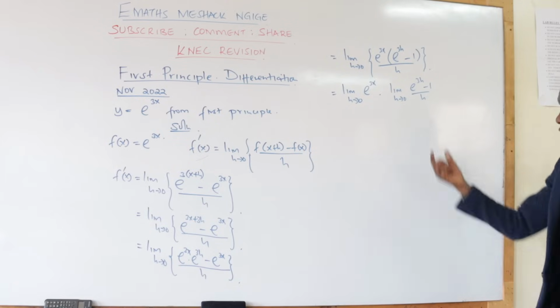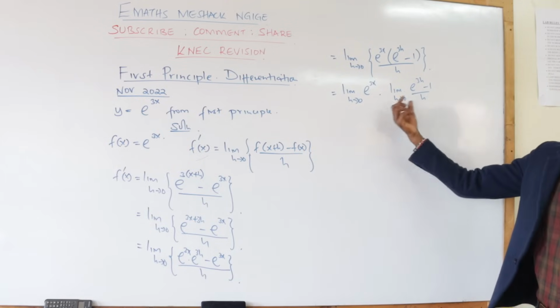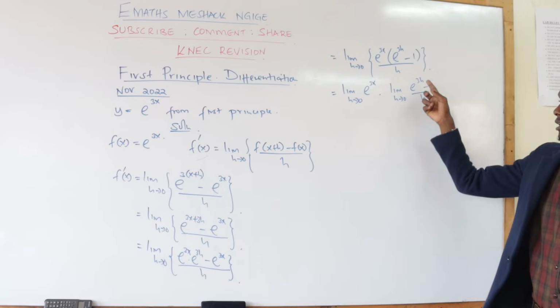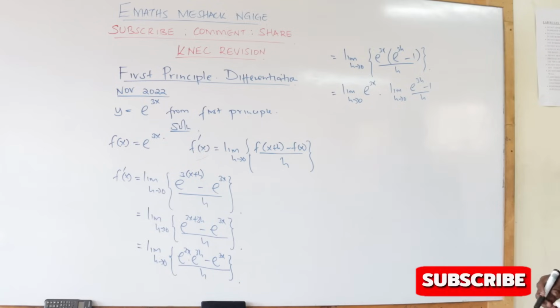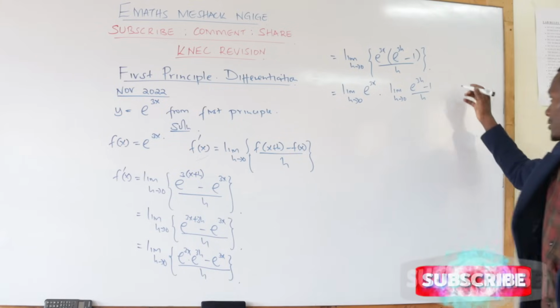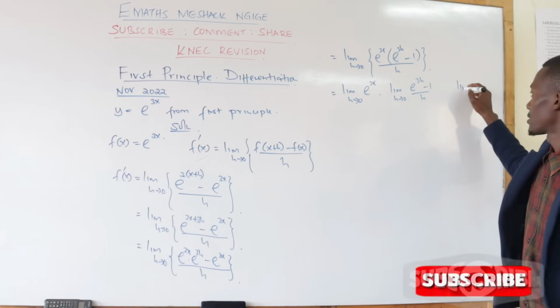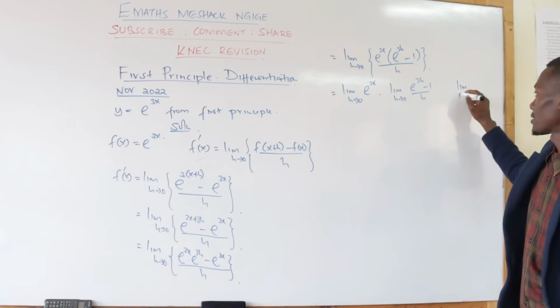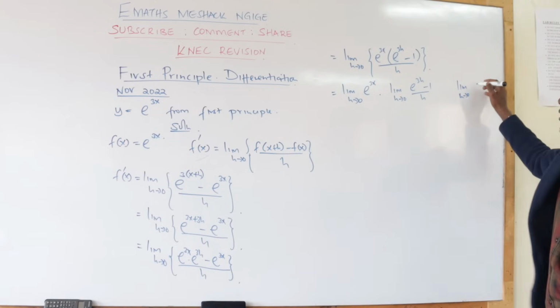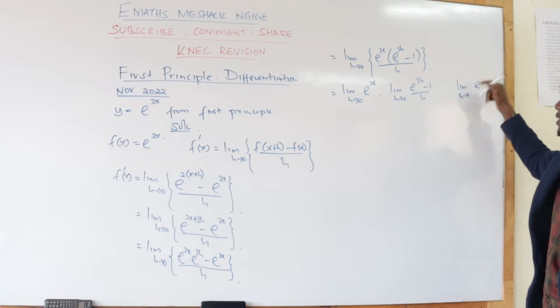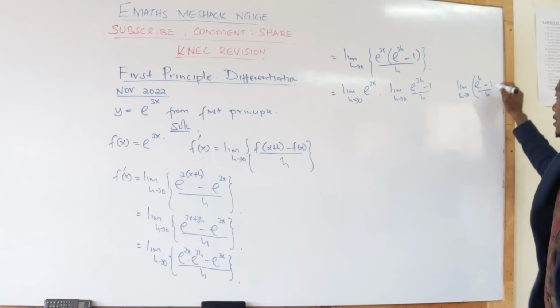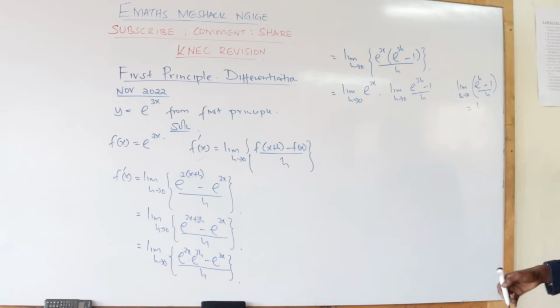Now, why do we put h together with what we have on h here? It's because we have a limit law which says if you have the limit as h tends to 0 of (e^h minus 1) over h, all of this basically gives you 1.